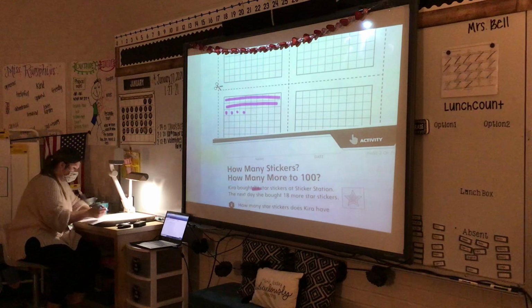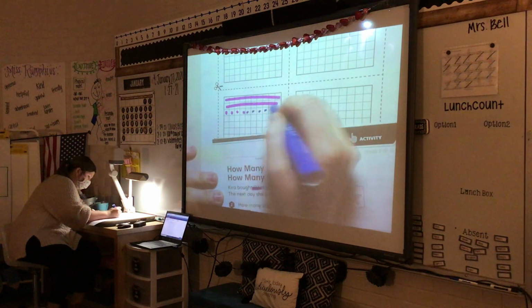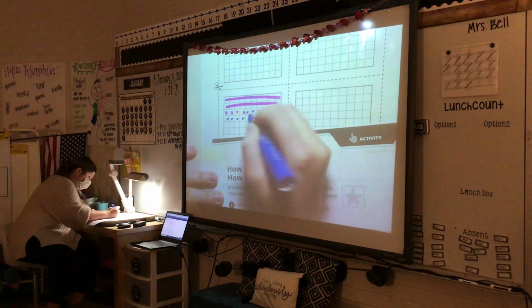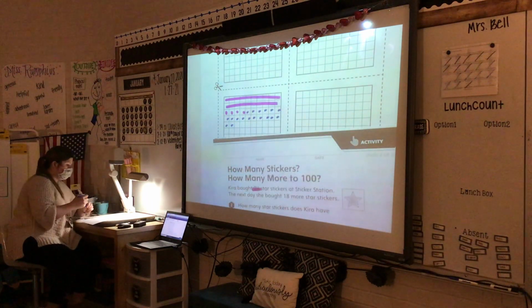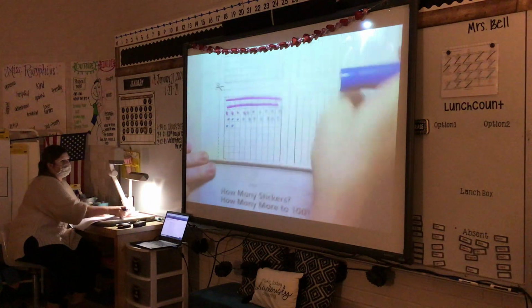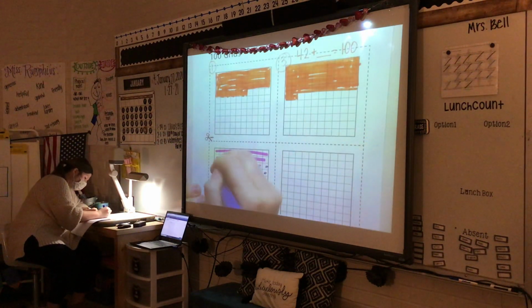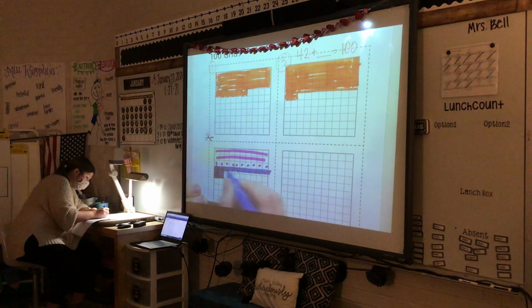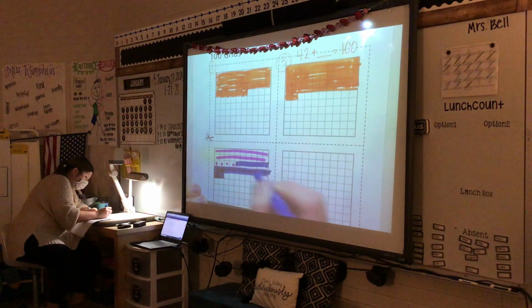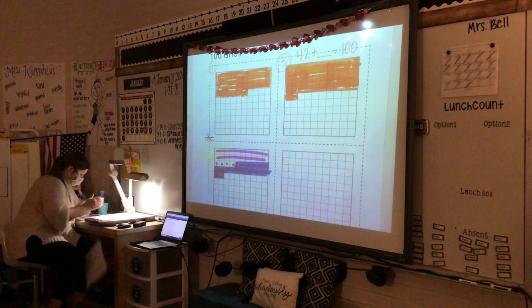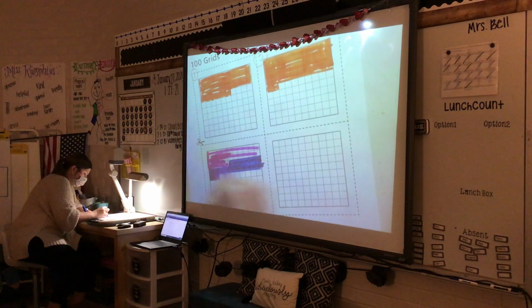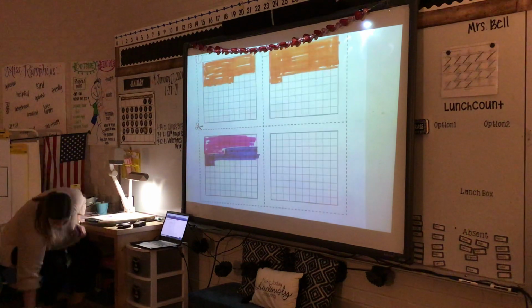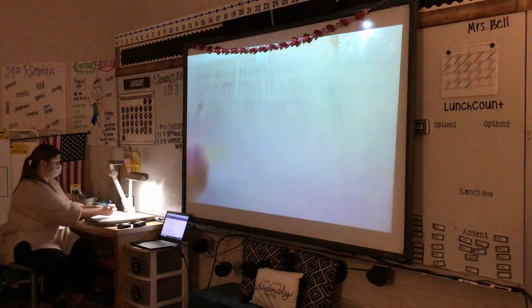And then I could color in 18. 1, 2, 3, 4, 5, 6, 7, 8, 9, 10, 11, 12, 13, 15, 16, 17, 18. And does that equal the same as up here? Yes. It does. So instead of drawing it out, but you still have to write the equations, okay? You could add it on your hundreds chart. And I would still get the same answer without having to draw out all of my singles over here.